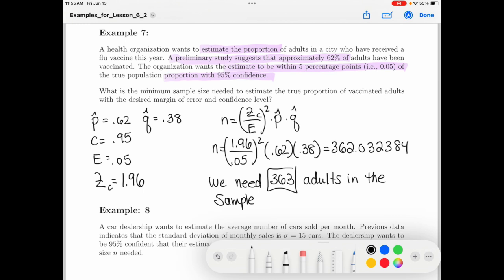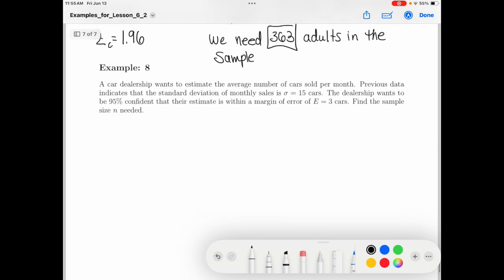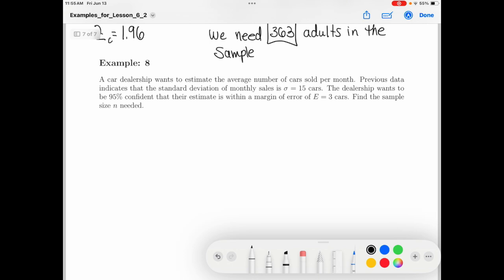Okay, looking at example 8, we have a car dealership that wants to estimate the average number of cars sold per month. Previous data indicates that the standard deviation of monthly sales is 15 cars. The dealership wants to be 95% confident that their estimate is within a margin of error of 3 cars.